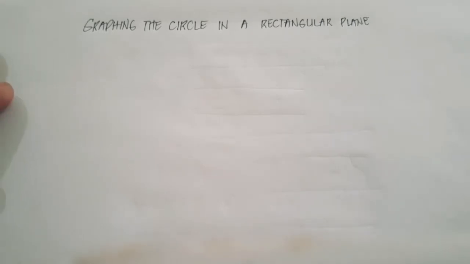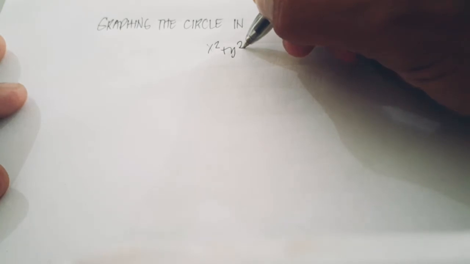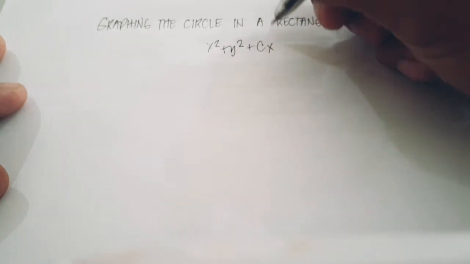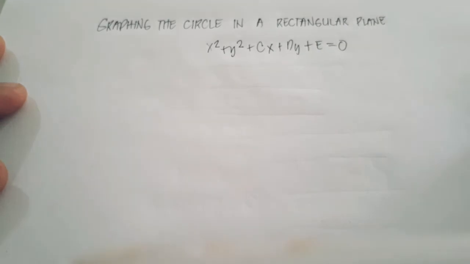So the circle in general form has the equation x squared plus y squared plus cx plus dy plus e equals 0.